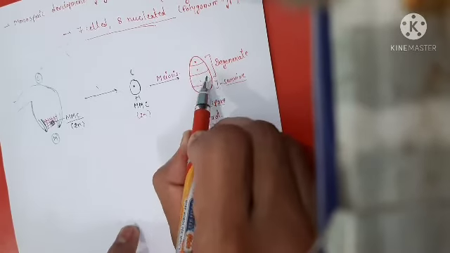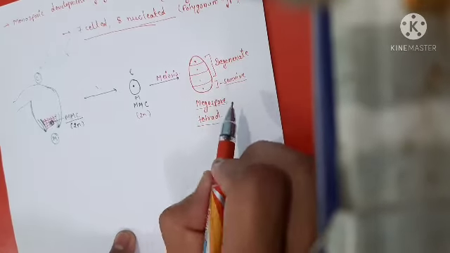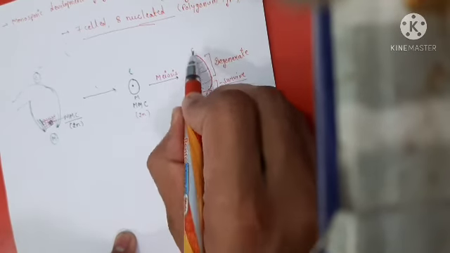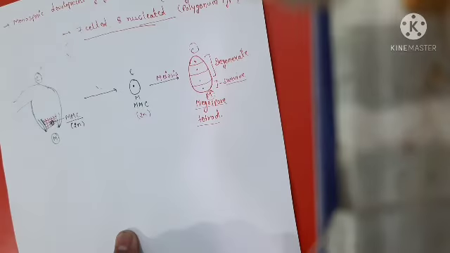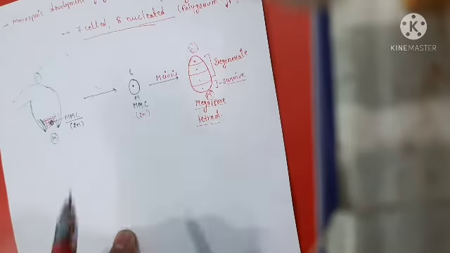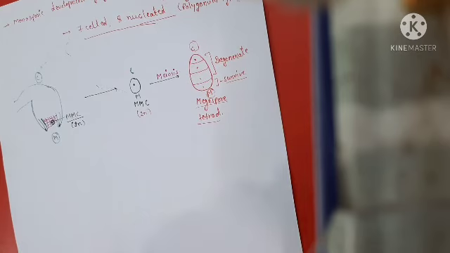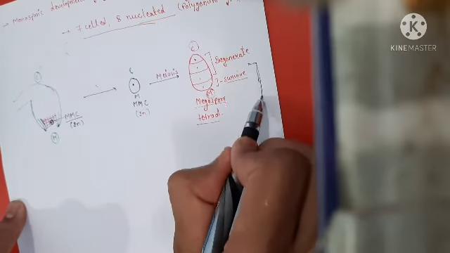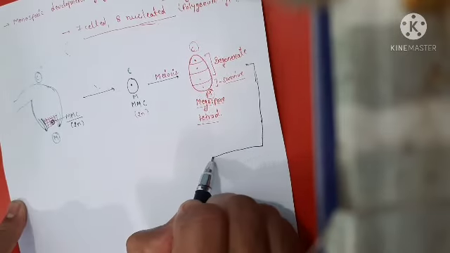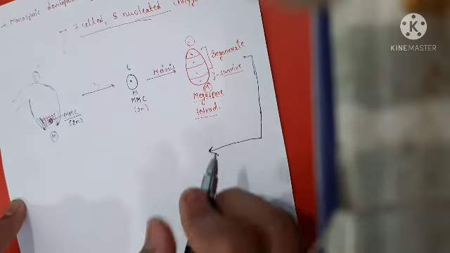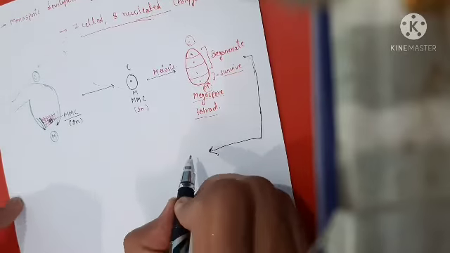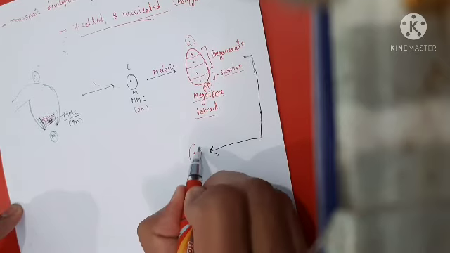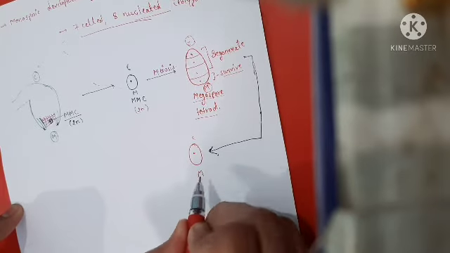Okay friends, 3 are degenerate and only one cell survives. Here the chalazal end, here the micropylar end. Now in the next step, there is only one cell left, so we draw it. Here the chalazal end, here the micropylar end.